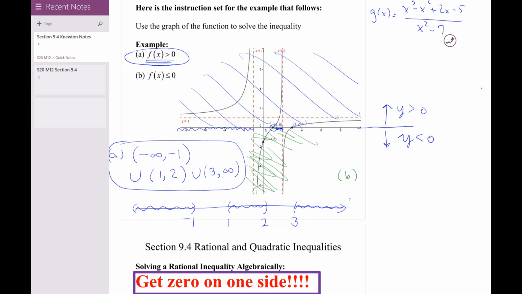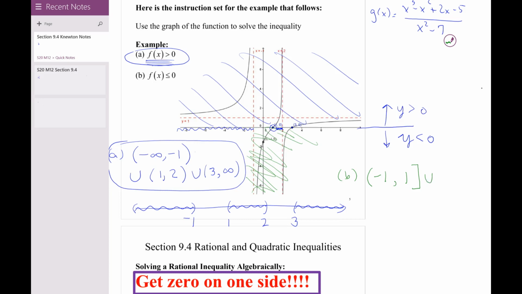So for B, we're looking at, from -1, it is definitely less than 0 there, and it can't equal -1 because we have a vertical asymptote there, and it's negative all the way up to +1, and then it equals 0 at +1. So we need to put the square bracket there.